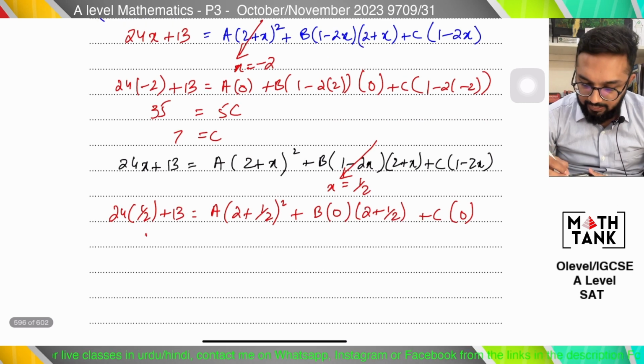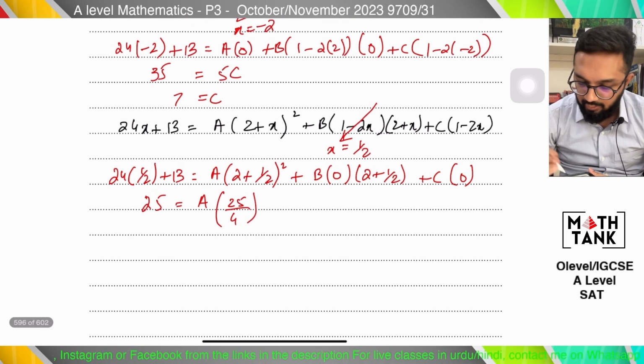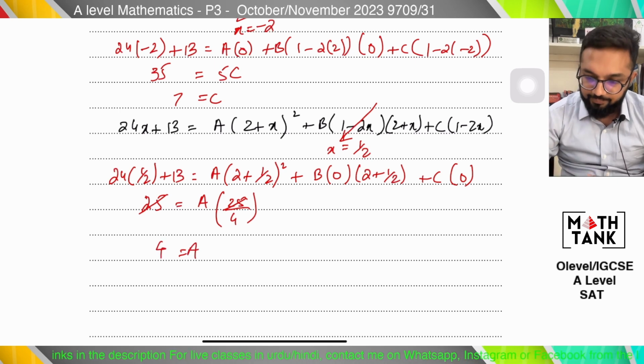Okay, so that's 25, and that is 5 over 2 squared, so 25 over 4. So a comes out as 4.